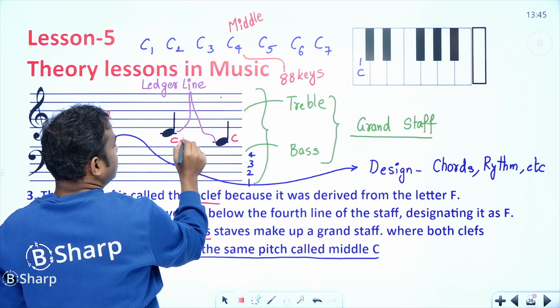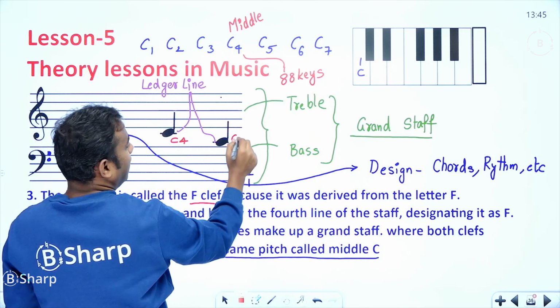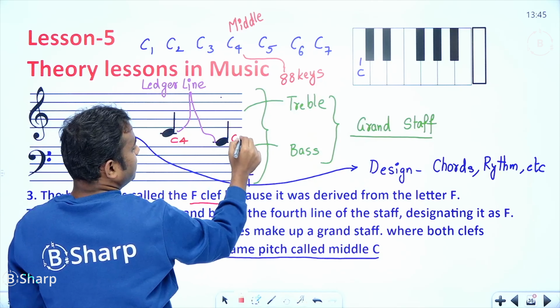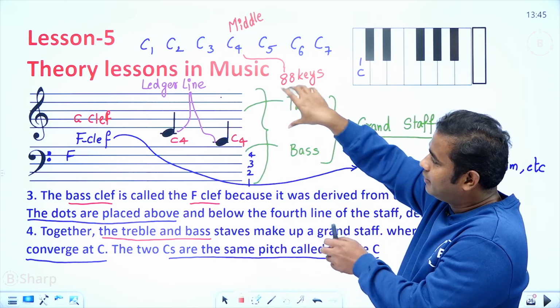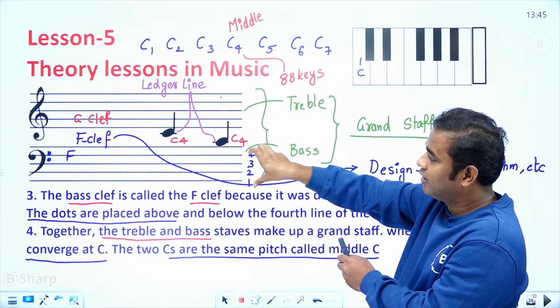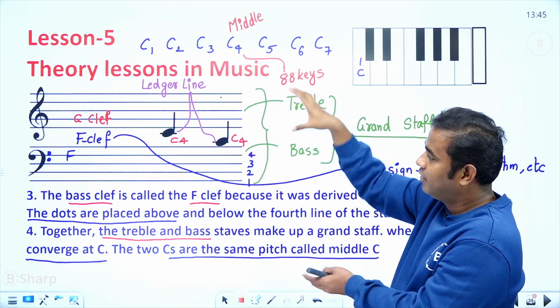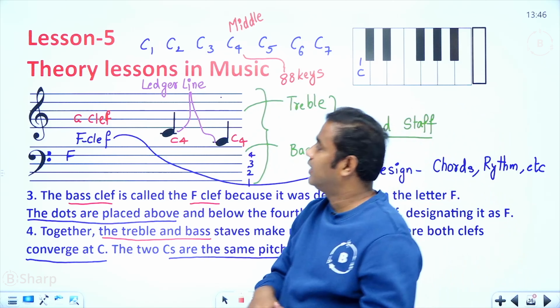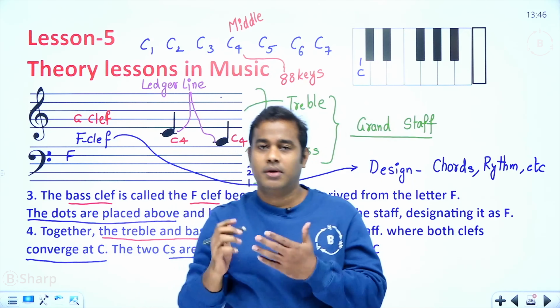This is going to be C4 for the treble, and this is going to be C4 for the bass. So for treble and bass, for the G clef or F clef, the C is the same C. So we join both the top G clef and the bottom F clef together, and then we can play accordingly. That is the way to play by using these notations.